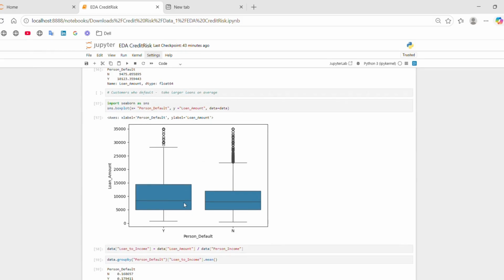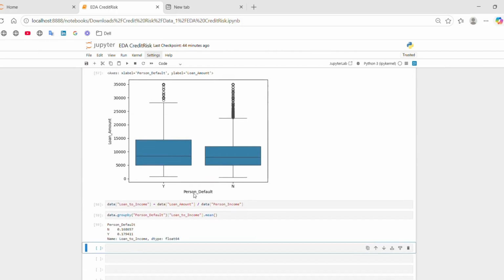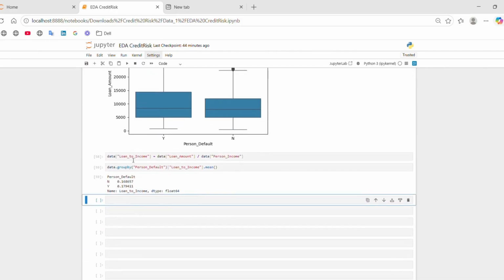But when we plot it with respect to the default and look at both the pictures separately, both have their own set of outliers, and the box plot shows heavy overlap. So although average loan amount was slightly higher for defaulters like we have seen, the distributions of both the groups overlap significantly, and this means that loan amount alone cannot clearly separate the defaulters from the non-defaulters.